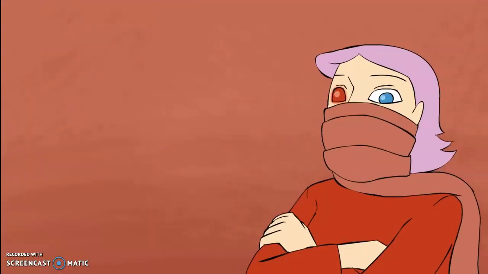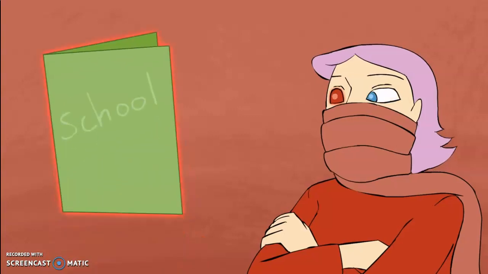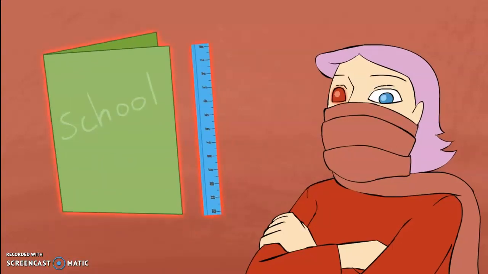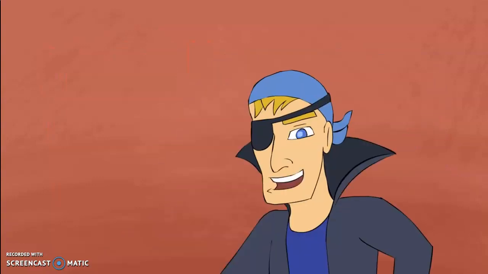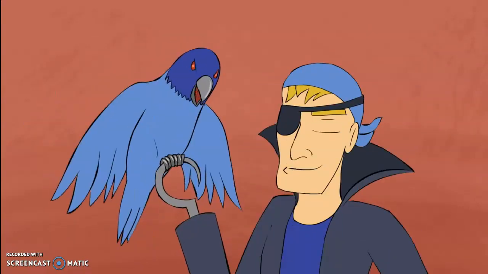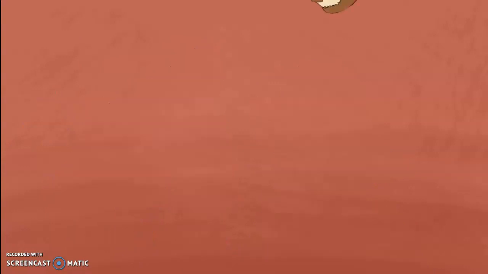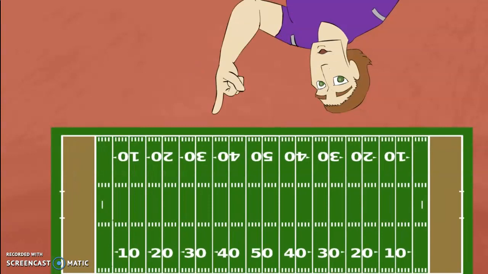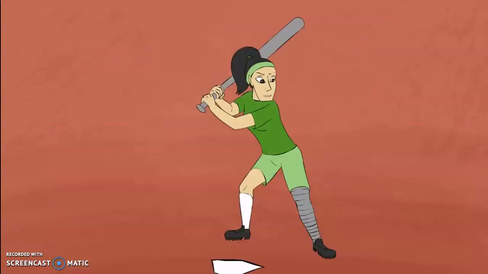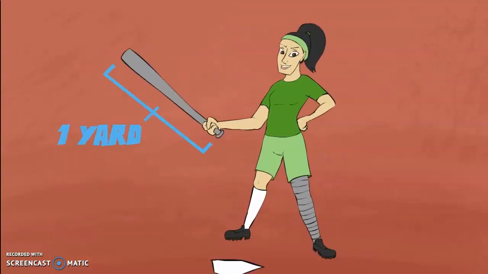The length of the folder where your work is put measures out to just 1 foot. You'll find a foot if you look at the height of the parrot on my hook. A football field has 100 marks. Each one is a yard apart. At the plate with a softball bat, a yard is about what you're looking at.